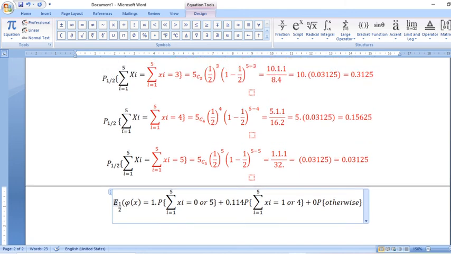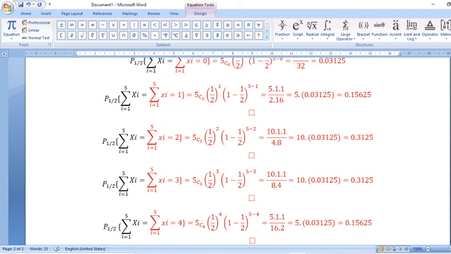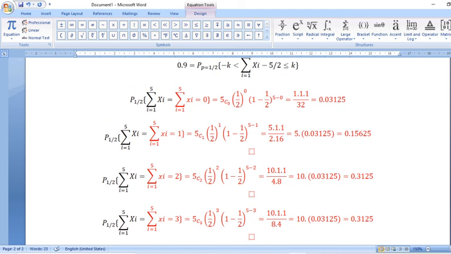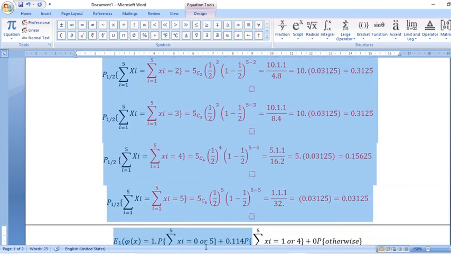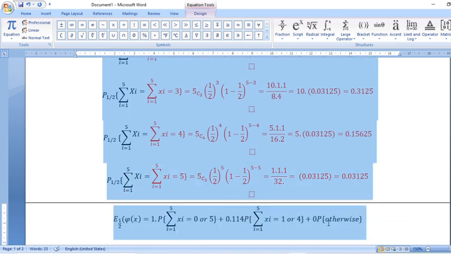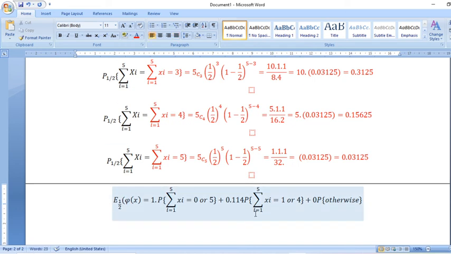How can we find out the power function value for 1 by 4? It is left as an exercise for you, and I will give you the formulas. You may try to find out and substitute the values as an assignment.